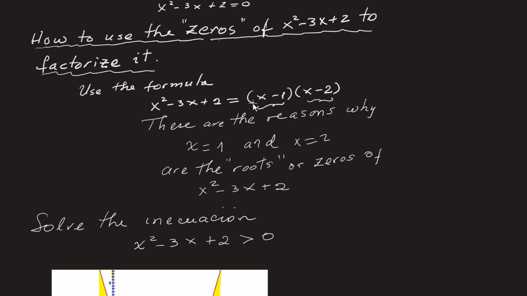You cannot say x plus 1 because when you replace the 1, it gives 2. It has to be x minus the root, so that when you replace the root here, it gives 0. The same for 2. And this is the way to factorize this quadratic polynomial. Too easy. Using the roots.